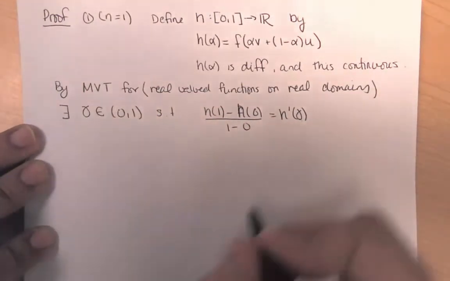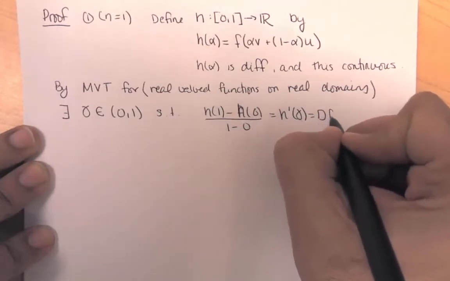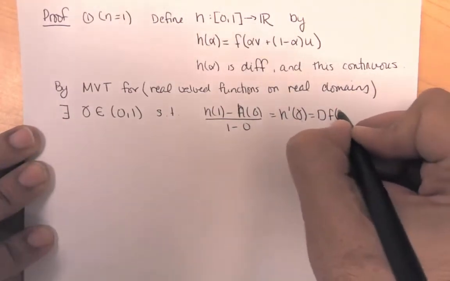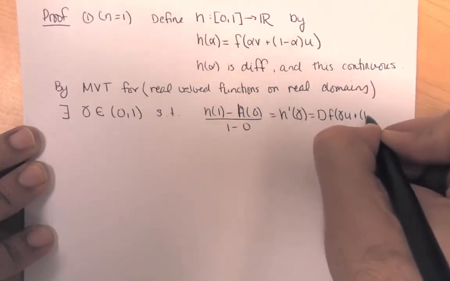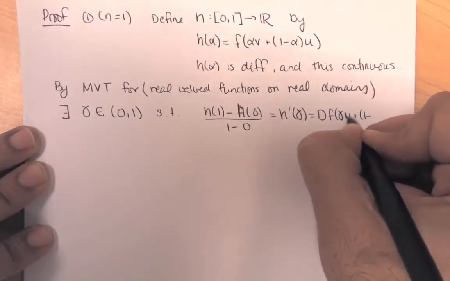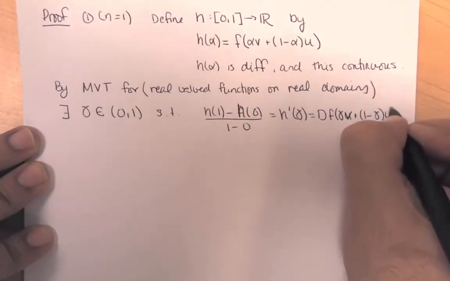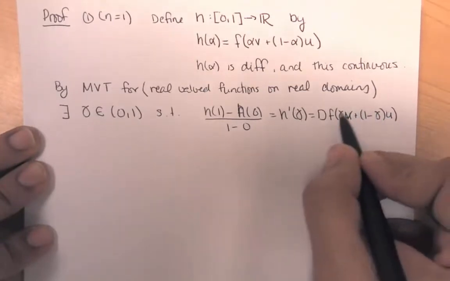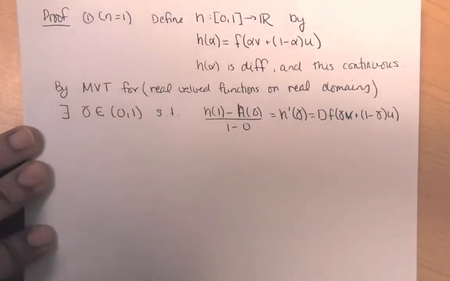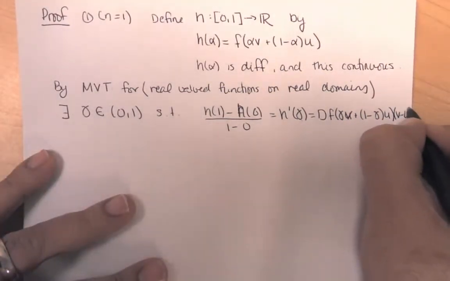Now, of course, h prime of gamma, according to the chain rule, is the derivative of f at gamma v plus 1 minus gamma u, times the derivative of this with respect to alpha evaluated at gamma, times v minus u.